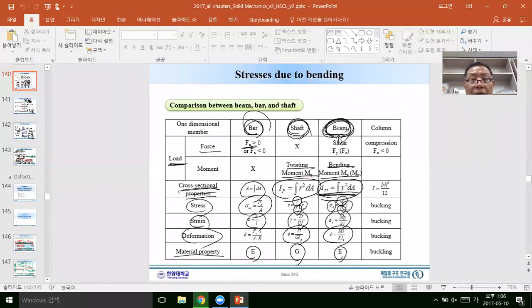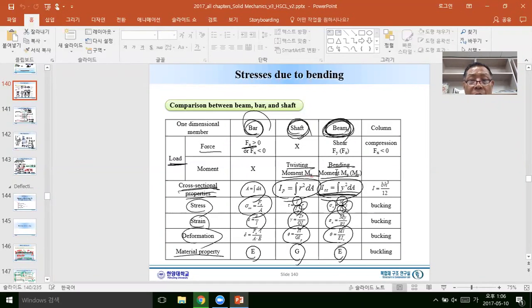So for the beam case, where we consider uniform beam bending moment, that's the force we are considering. Whereas in the shaft, we consider twisting moment, and that's the uniform twisting moment. And in the beam, we apply a uniform bending moment. To create uniform bending moment, it is applied at the end.